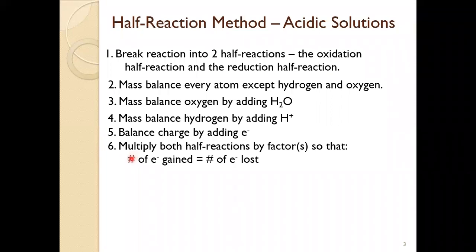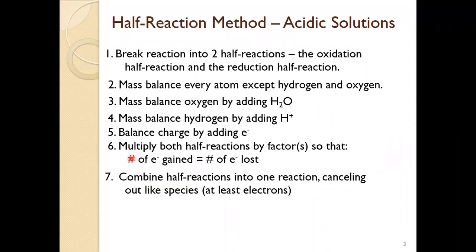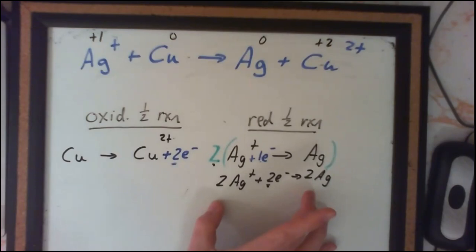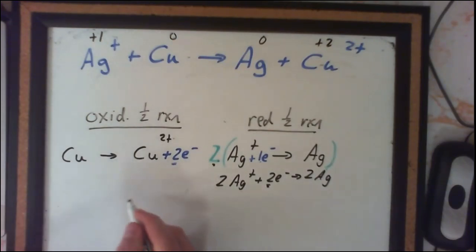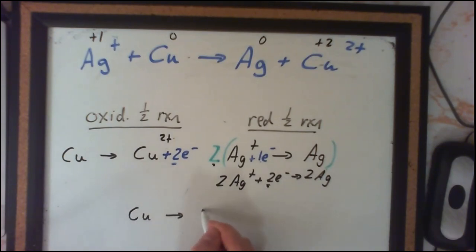And then once I get through step 6, step 7 is finally to combine these 2 half reactions into one overall reaction, making sure I cancel out like species. So in other words, I'm going to add this equation to this equation. And if I rewrite these 2 equations, just to remind us how we add equations together, that's my oxidation half reaction.